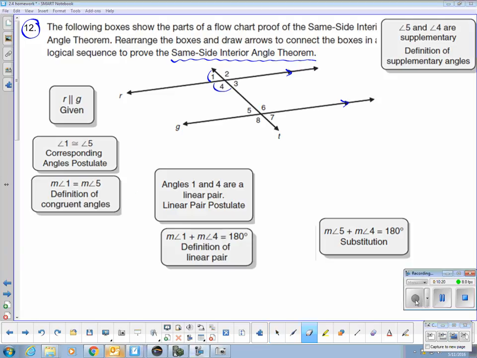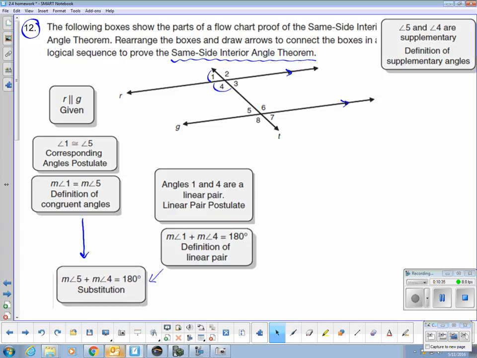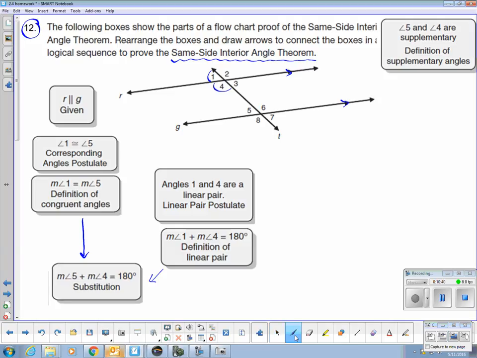Now, what I'm going to do next is combine this clue together with this clue. Since the measure of angle 1 equals the measure of angle 5, I can take out the measure of angle 1 and replace it with the measure of angle 5 using the substitution property.